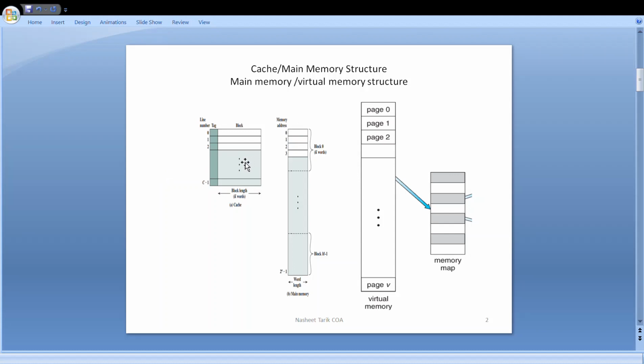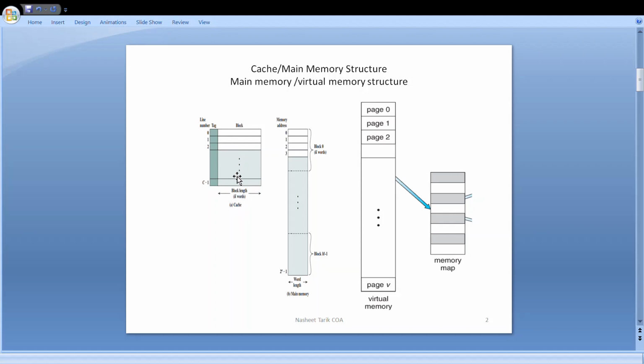The unit of transfer between main memory and cache memory is in terms of blocks. Whatever is there in cache memory is a copy of data that is there in main memory. When the processor places address on the address bus, the cache is fast, so it senses that address, and if that particular data is present in the cache memory, a hit occurs.